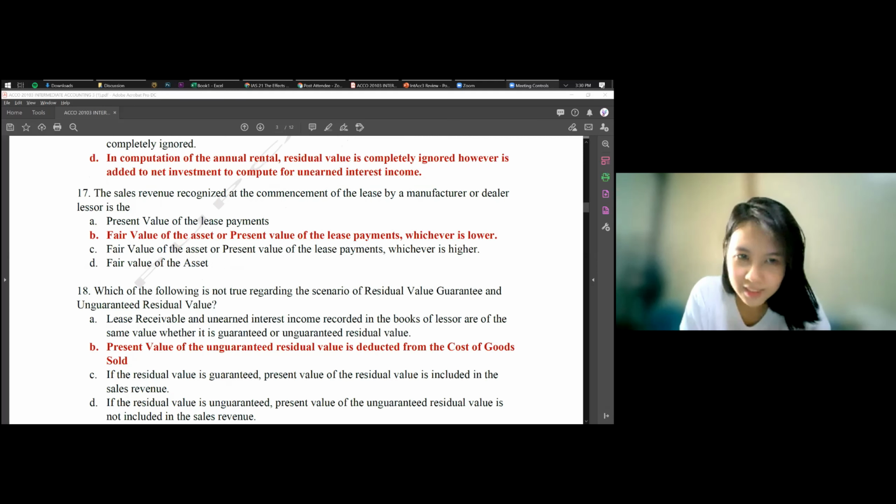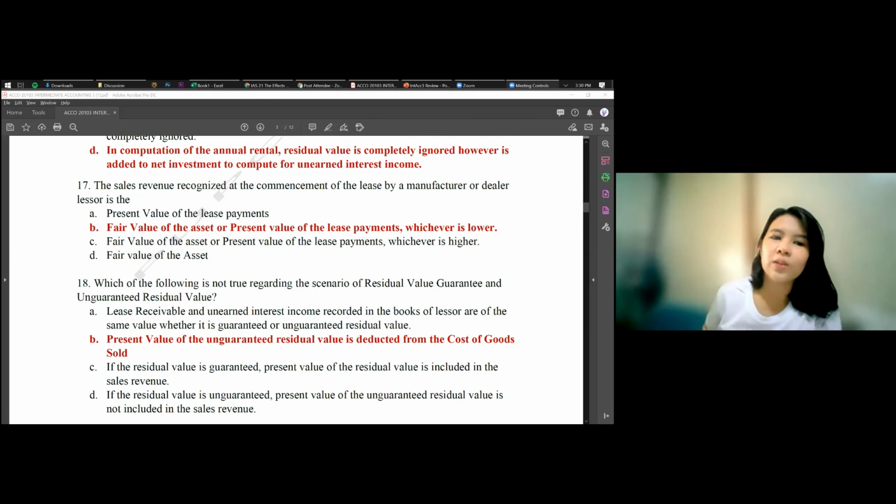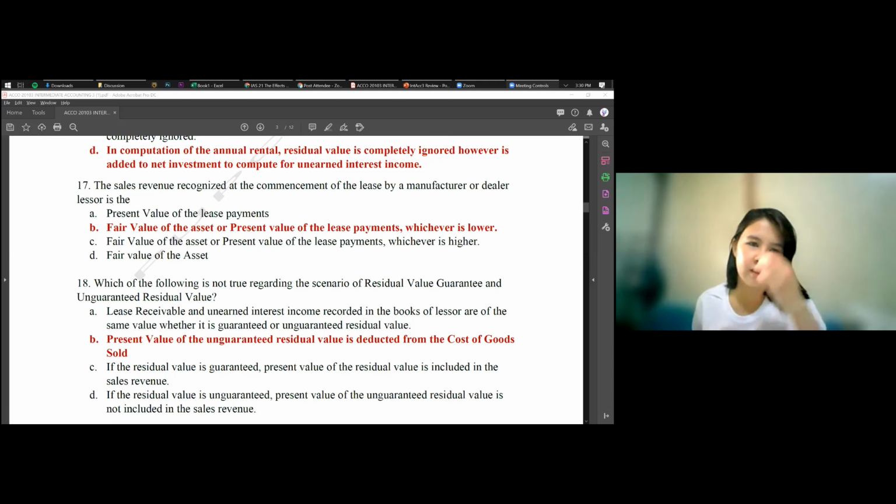So yes, actually same lang, 'di ba? Ang basis natin dito, the lease receivables should be based on the lease payments, 'di ba? Plus the gross payments rather, plus I remember, right? BPO, bargain purchase option, and residual value, all of it, whether it's guaranteed or unguaranteed.